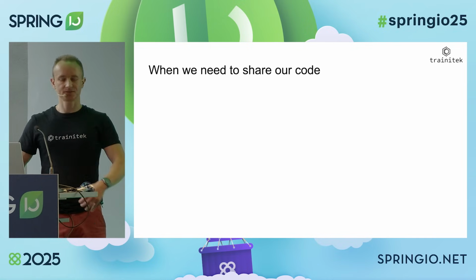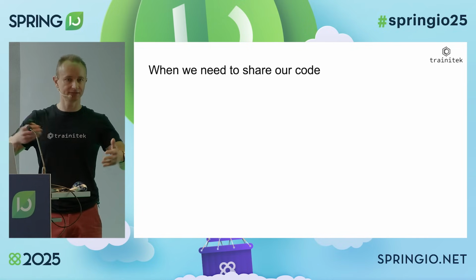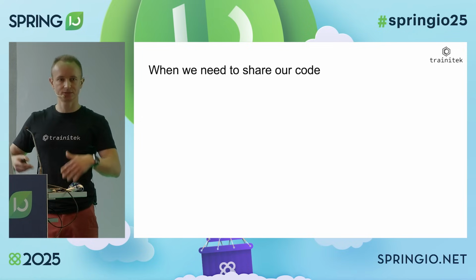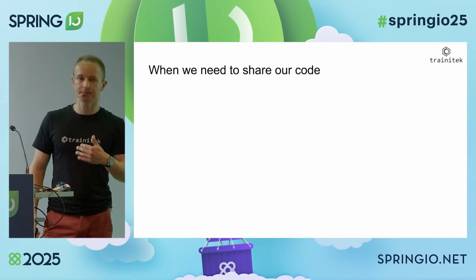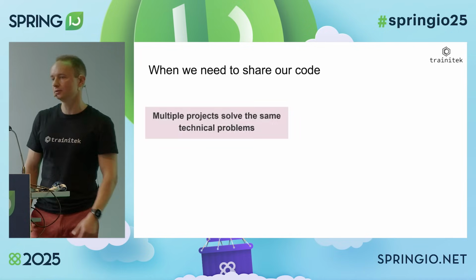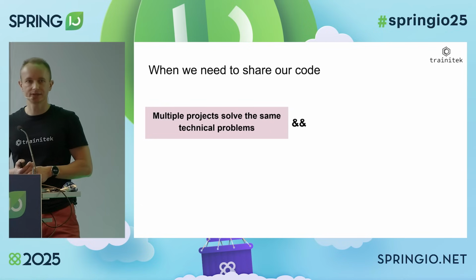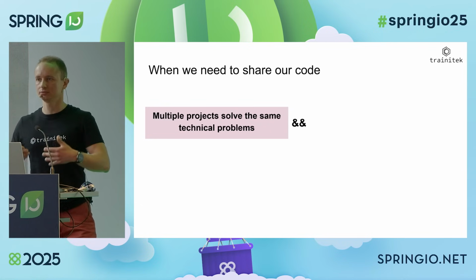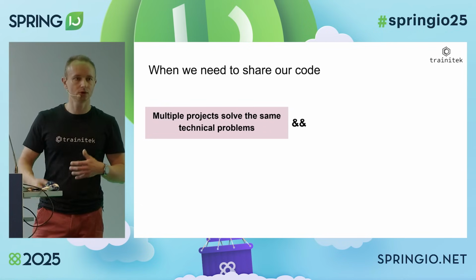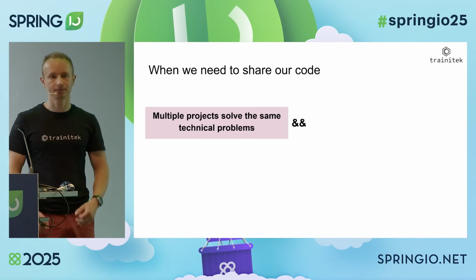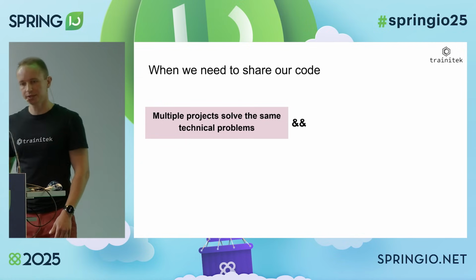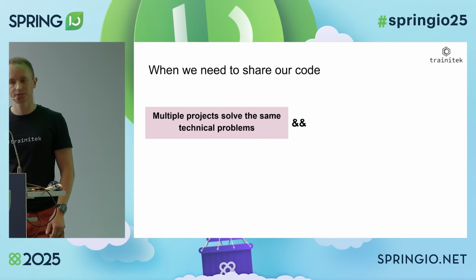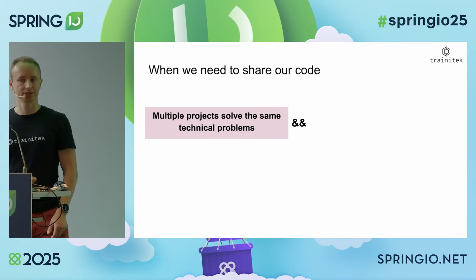So let's start with when we need to share our code. This is not taken from any books or articles. This is totally based on my experience and my painful mistakes, actually. There are 4 things that I think you should have if you want to share code among different projects. First of all, you have multiple projects that solve the same technical problems.